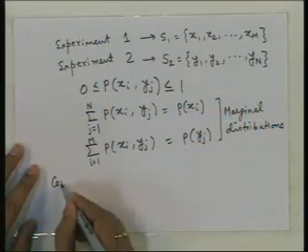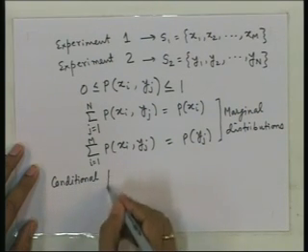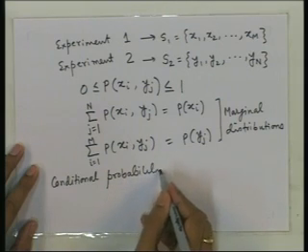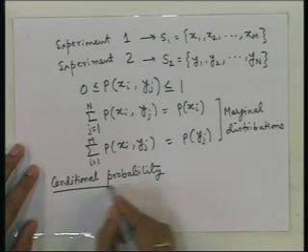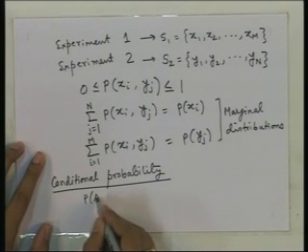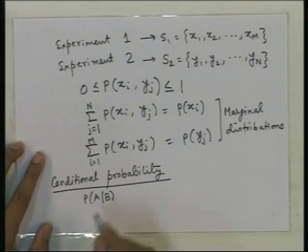So, to deal with that kind of situation, we need to define what is called conditional probability. So, if there are two events, A and B, then if B is known to occur, B has occurred, then what is the probability that A is also true, that is A also occurs?